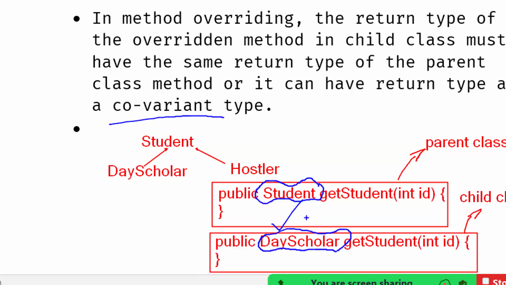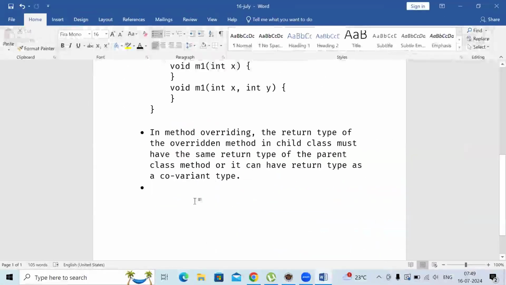So that's the meaning of covariant type. Either the return type must be the same or the return type must be a covariant type. That is a thumb rule for overriding a method. I would like to write examples. Example 1. So let me write class A.